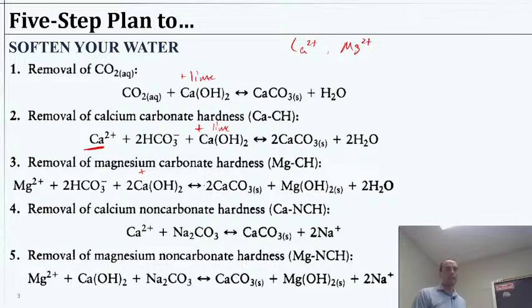And this time what we're getting is calcium carbonate and a magnesium hydroxide, Mg(OH)2, and water. Okay, so again, we are hopefully precipitating as much calcium as we're adding, but in doing all this, we are encouraging the formation of this additional solid, and in this case, you can notice that the hydroxides are essentially coming from the lime that we're adding.